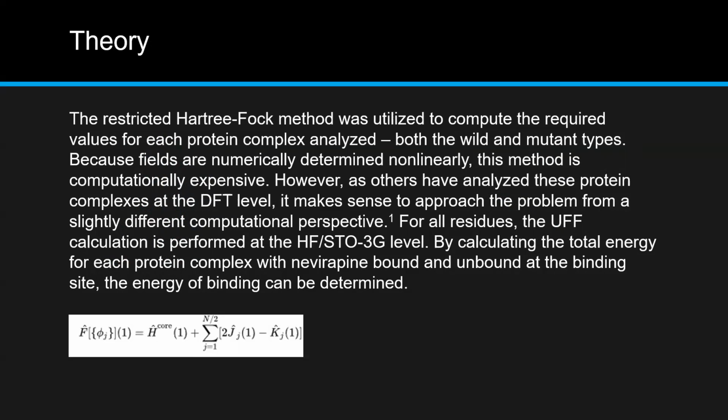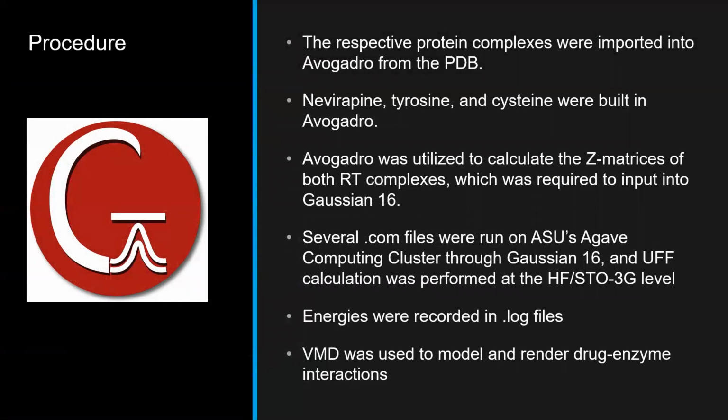And so the theory is that by calculating the total energy for each protein complex, the wild type and the mutant, with nevirapine bound and unbound at the binding site, the energy of binding can be determined.